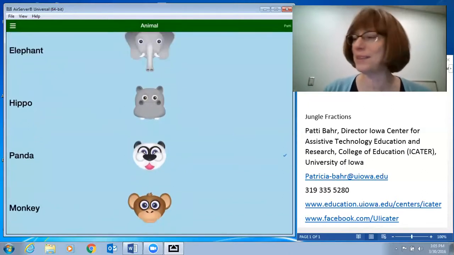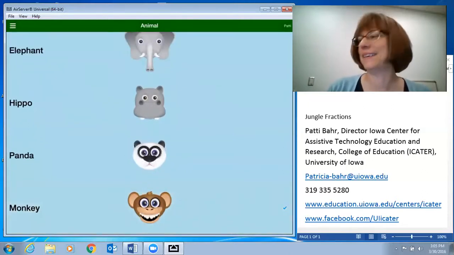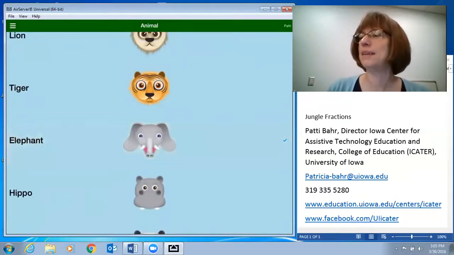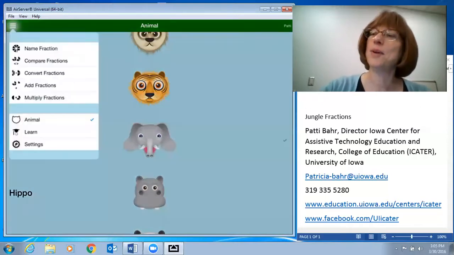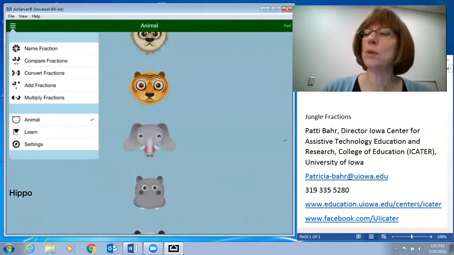Is that really what a panda sounds like? And a monkey. I kind of like the elephant. I'm going to try the elephant. If we go back here, we can also go into a learn mode.